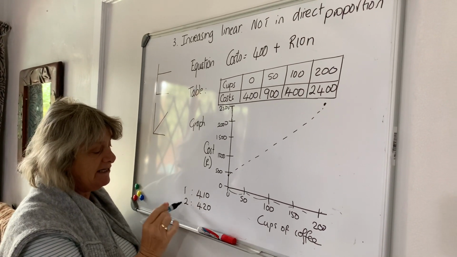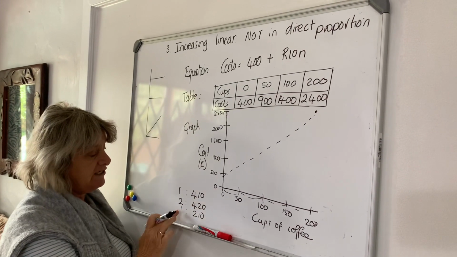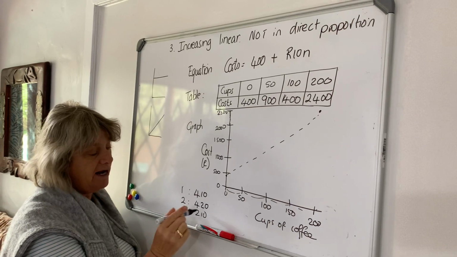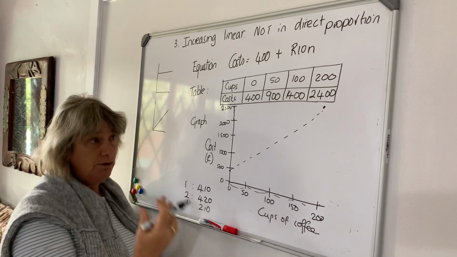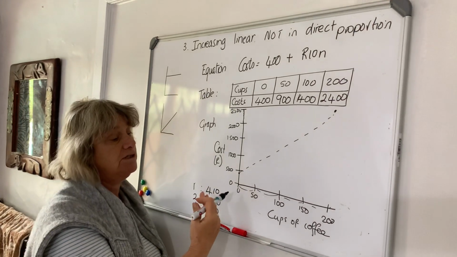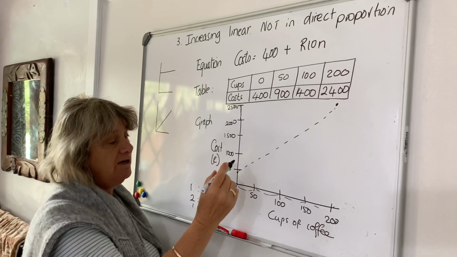We can see that there is not a constant ratio here. This is 1:410, this ratio here is 1:210. There is no constant ratio, but what we do have is a constant difference. For each extra cup of coffee made, there is a difference of 10 Rand.